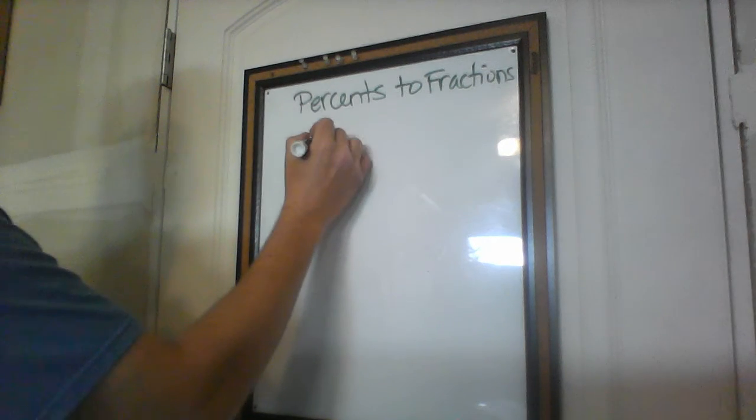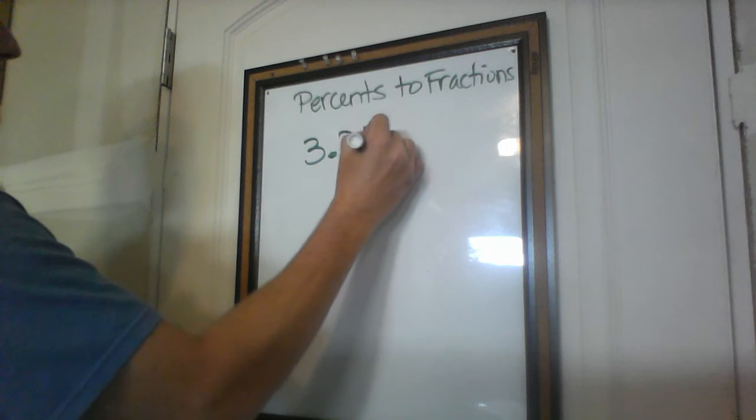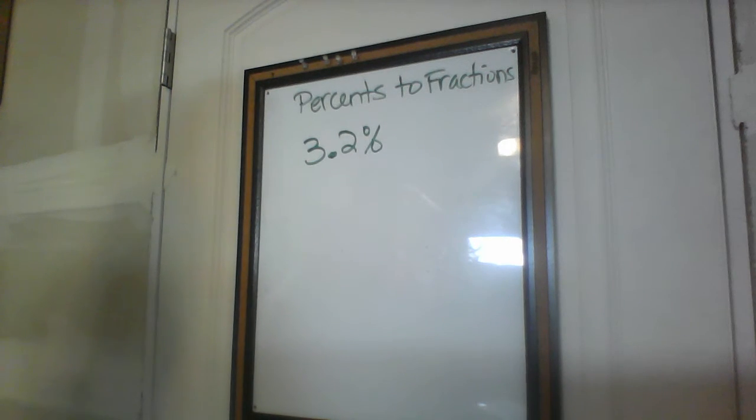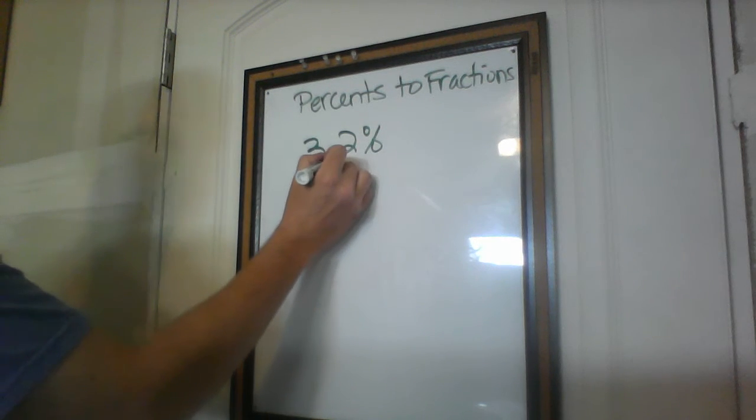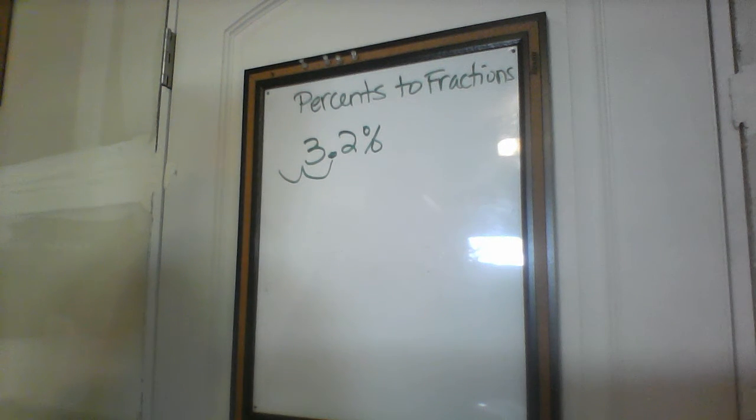Let's keep it with 3.2%. Again, the decimal's already there, so we don't need to add one in. Divide it by 100. That decimal is going to move to the left 2 times for those 2 zeros that are in there.